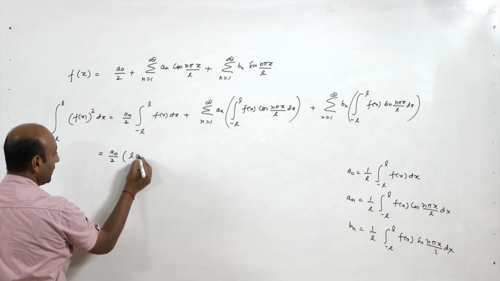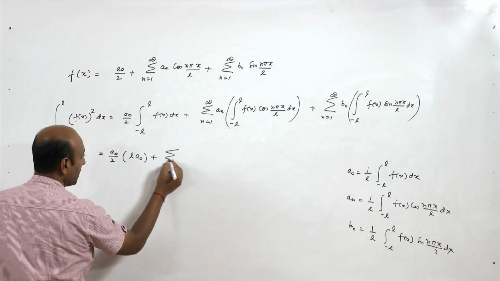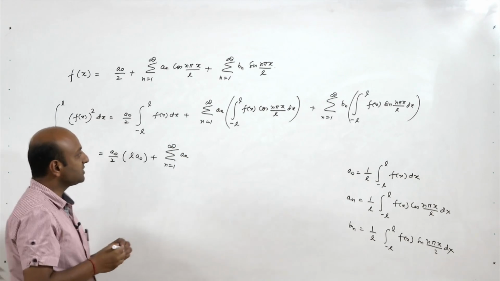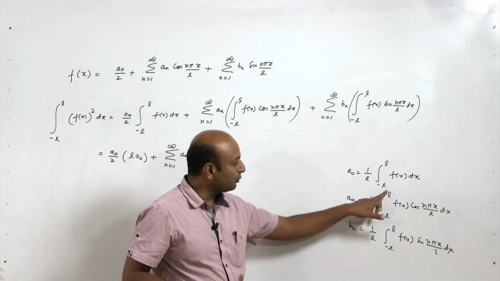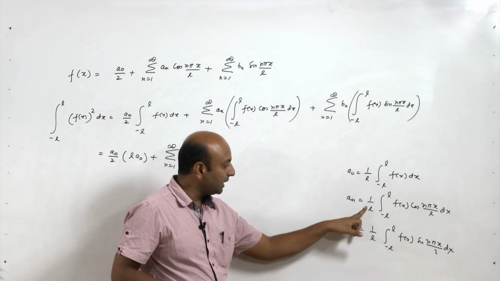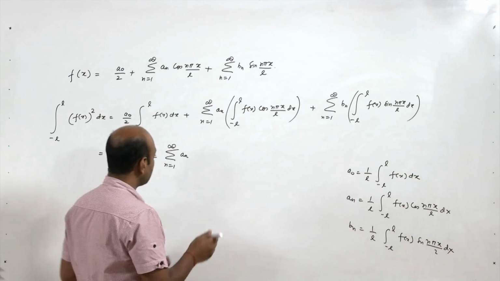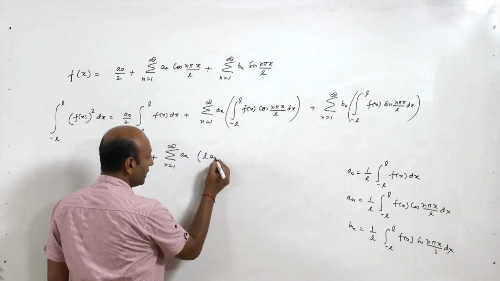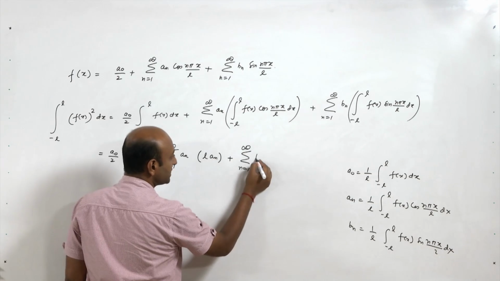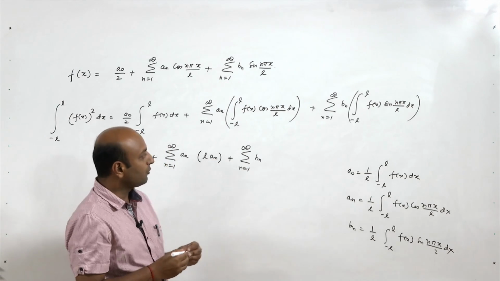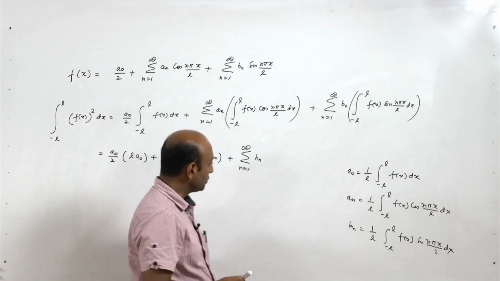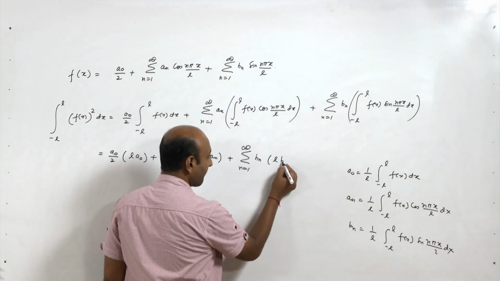So, this value is a naught into L plus summation n from 1 to infinity a n. The integral from minus L to plus L of f(x) cos n pi x by L dx is nothing but a n into L, so this is L into a n. Similarly, the last integral is b n into L, so this is L into b n.